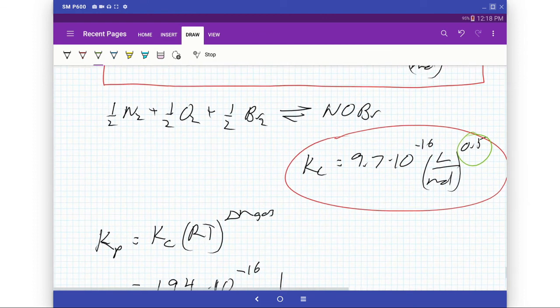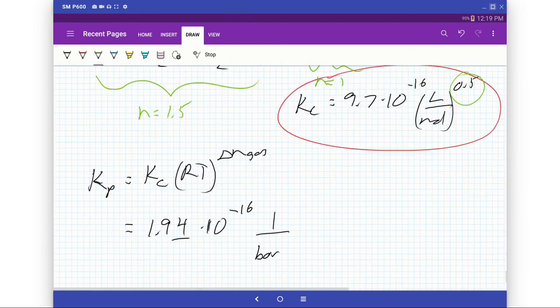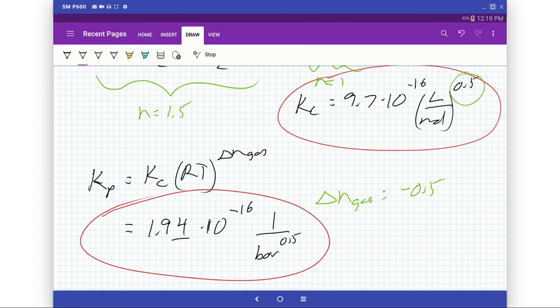If we look at n here, n is equal to 1.5, and over here, n is equal to 1. So delta n gas is equal to negative 0.5. And so that means it is bar to the 0.5. And that is the value of Kp for this system. Good.